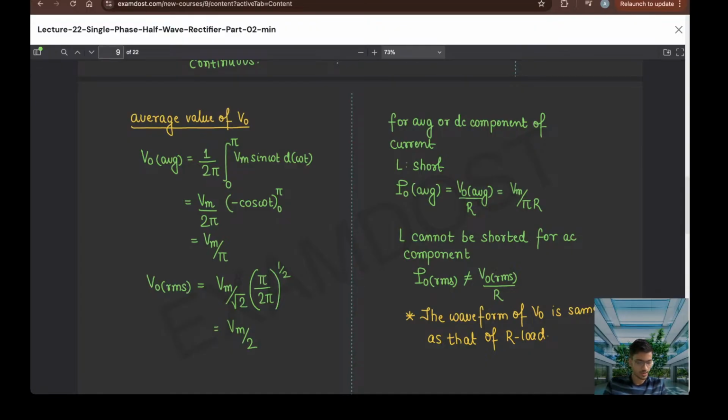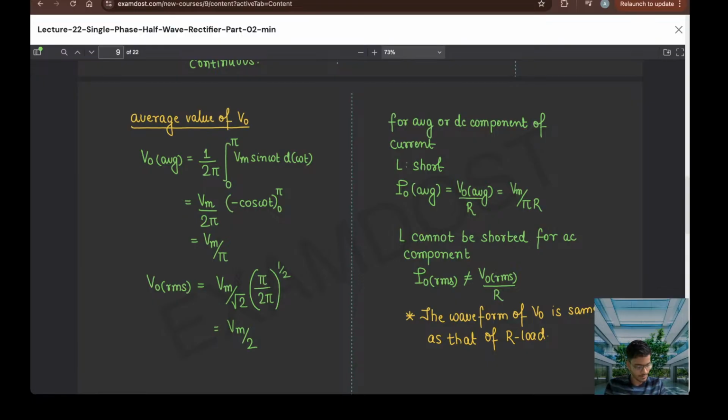Now you can calculate the RMS voltage also. From 0 to pi, Vm square sin square omega t d omega t, and we need 1 by 2 pi also.